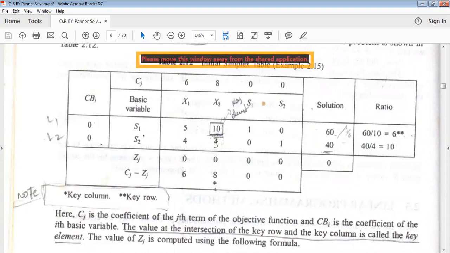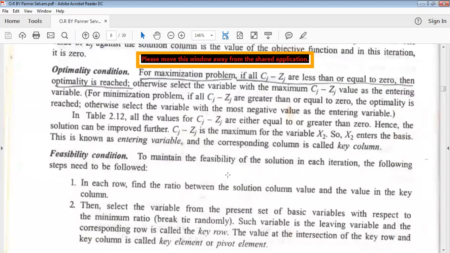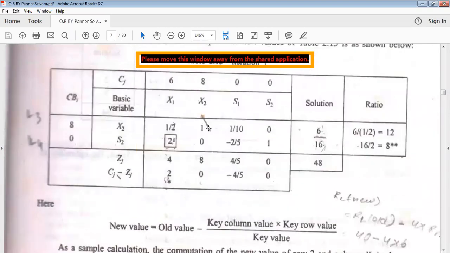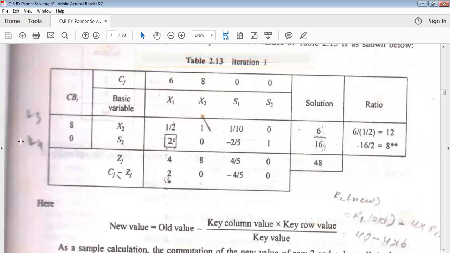So this should be 0, which means minus 4 into new row 1 automatically gives you 0. If you apply this concept, new row 2 is equal to old row 2 minus 4 into new row 1, you will get this particular line.